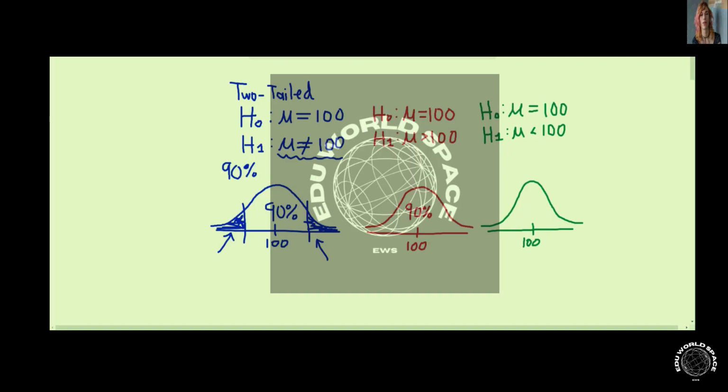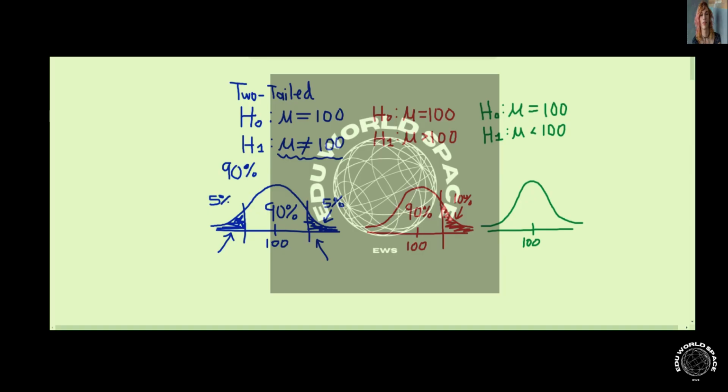And this time we would accept anything in the top 10% of the bell curve. And so this would be 10% right here, whereas with the two-tailed test, we would only have 5% on each side.